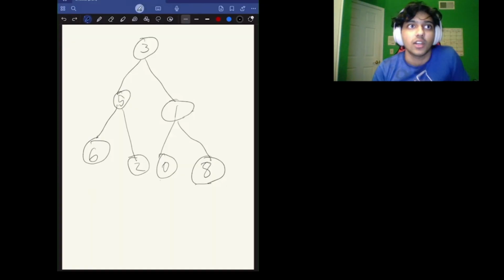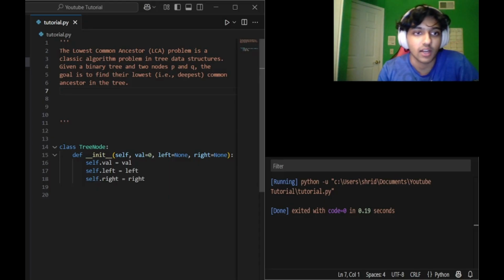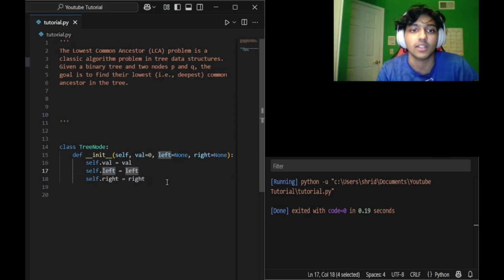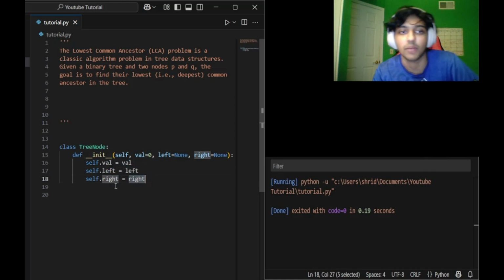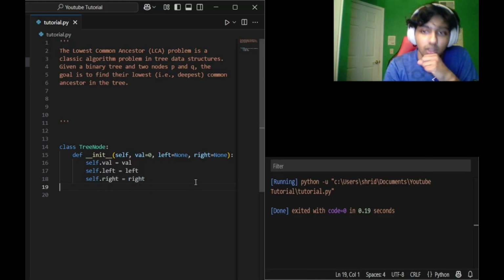Let's switch to the code and see how this would look. As you probably noticed, I already started by defining what the tree node would look like. As per our last problem, there's going to be a value, and a left pointer and a right pointer for the two edges to the nodes it connects to.